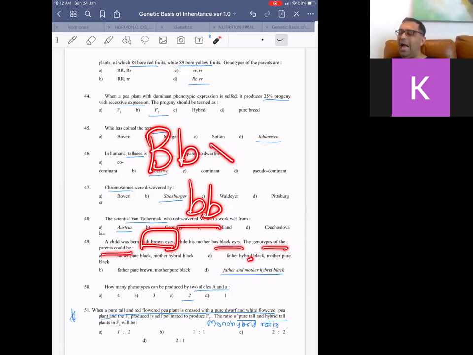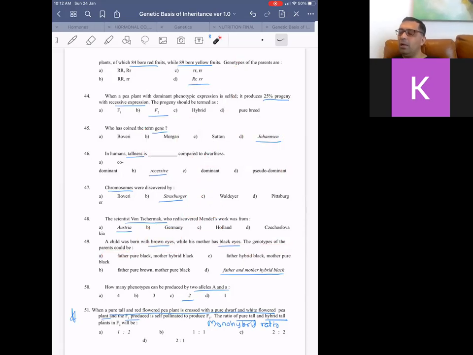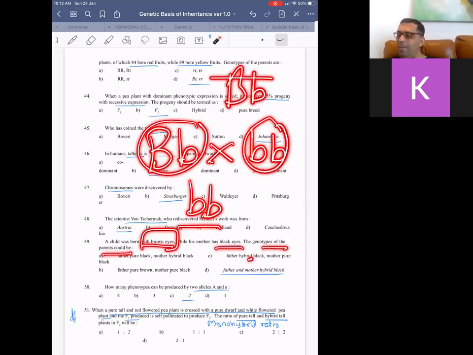Mother is black, and father would be either brown or he could be hybrid black. क्योंकि child को small b father से भी चाहिए, mother से भी चाहिए to get brown eyes.